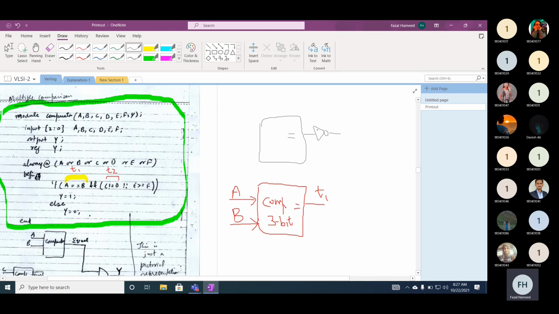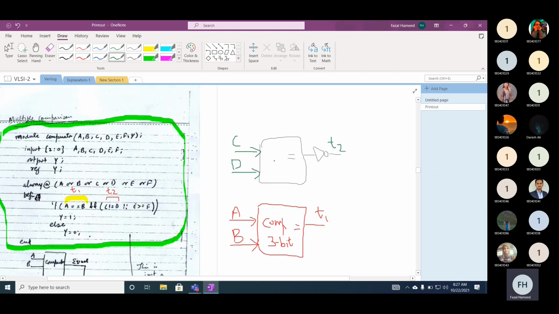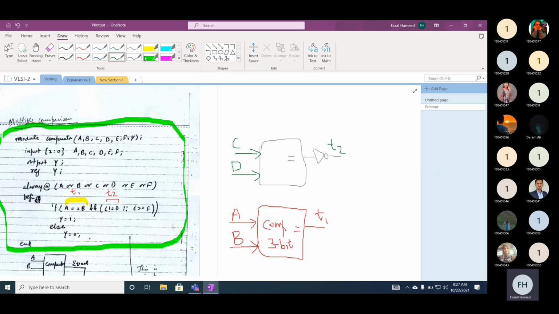If it's equal to, then not equal to is actually an inverter. So the output of this is T2, and the inputs to this comparator are C and D.